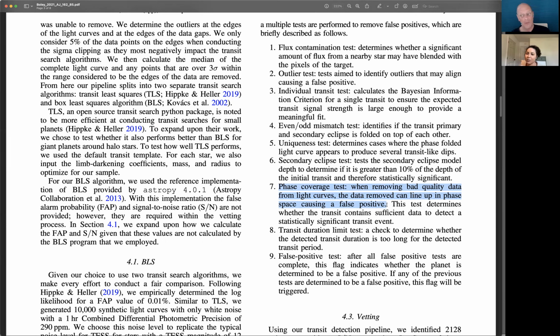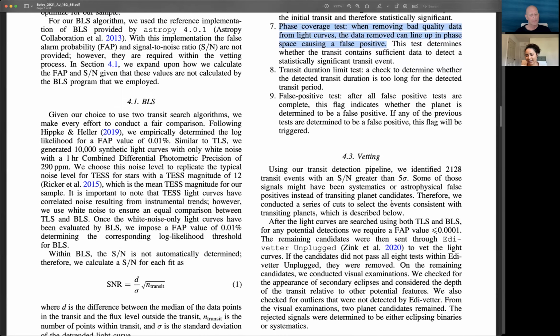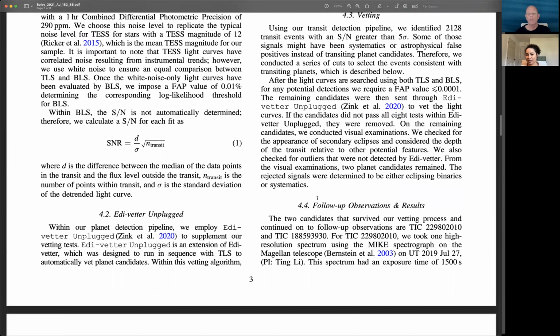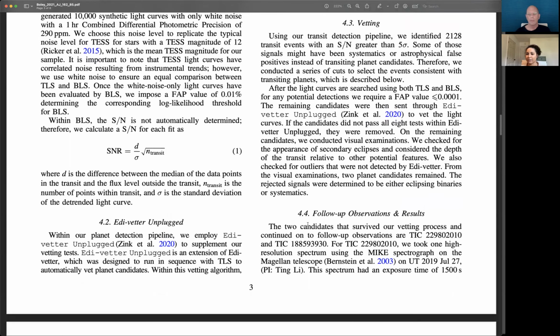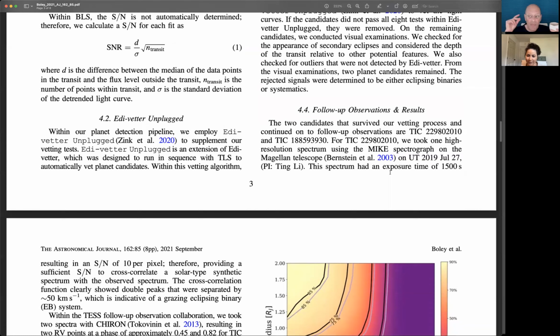So basically we would put the planet candidates through this. And any planet candidates that made it through this vetting software, we would then go into doing follow-up observations. And we did end up finding a couple of candidates, which was pretty cool. Unfortunately, after we did some follow-up observations, it turned out that they were not planets.